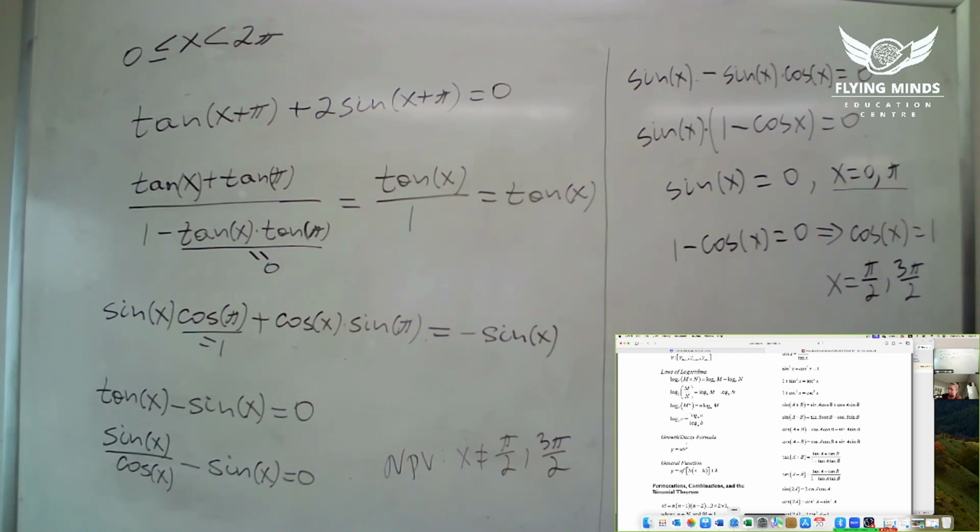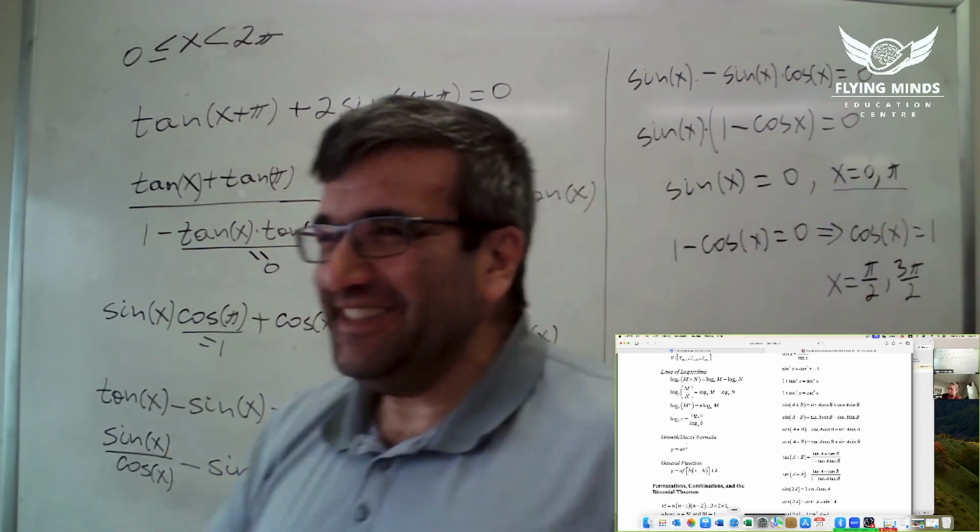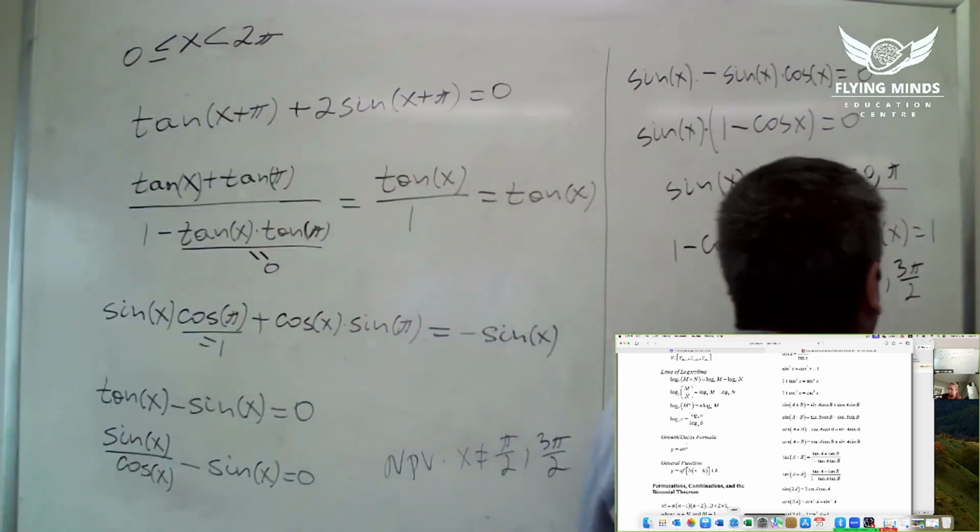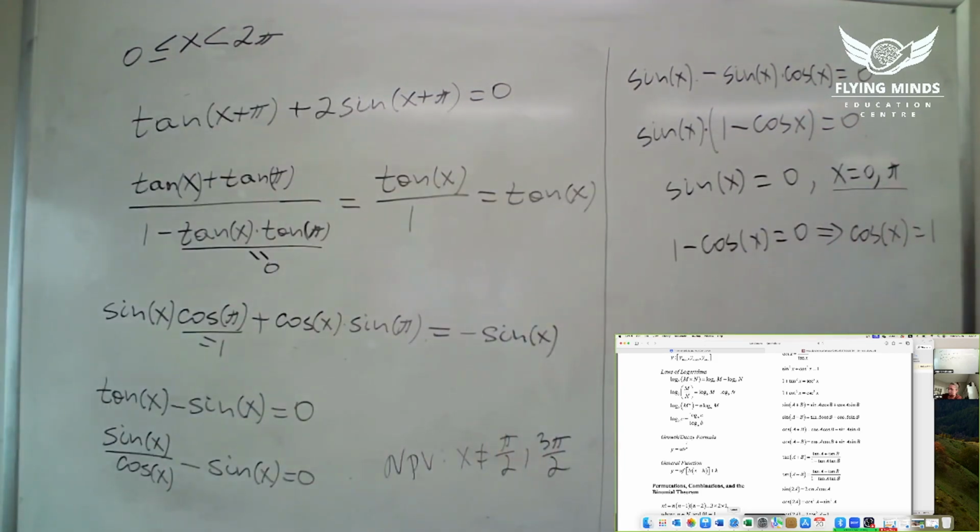But I thought it says cos x equals 1. Oh, right. So that would be just 0, but we already have it. So then my answers would be x equals 0 and pi? 0 and pi.